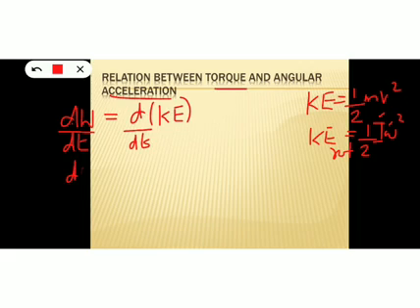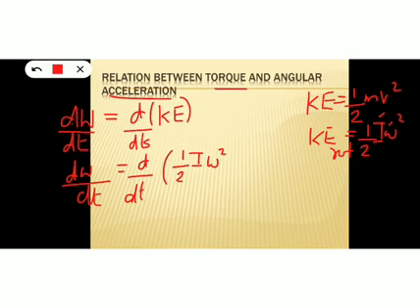So dW by dt is equal to d by dt of what is kinetic energy? Kinetic energy is half I omega square, isn't it? And that is equal to, moment of inertia I is a constant. So half I is constant. We can take it outside the differential operator d by dt.